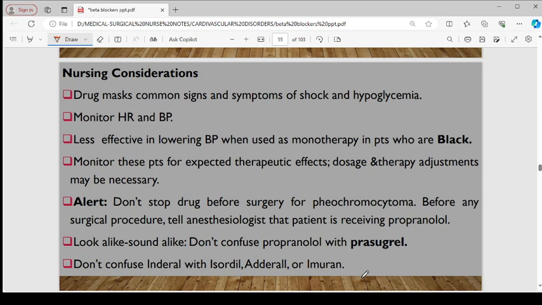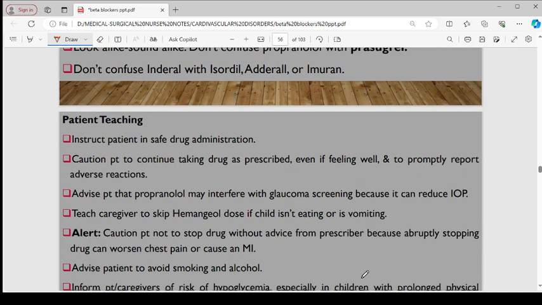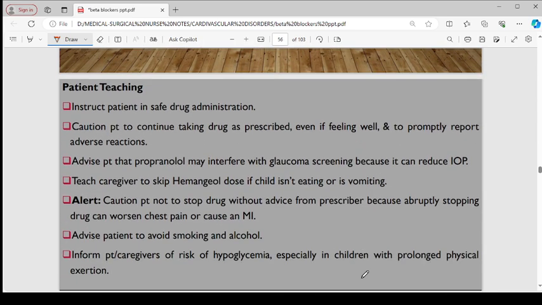In terms of patient teaching, you have to instruct the patient in safe drug administration. You caution the patient to continue taking this drug as prescribed, even if feeling well, and to promptly report any adverse reaction. You advise the patient that propranolol may interfere with glaucoma screening because this drug has the capability of reducing the intraocular pressure.